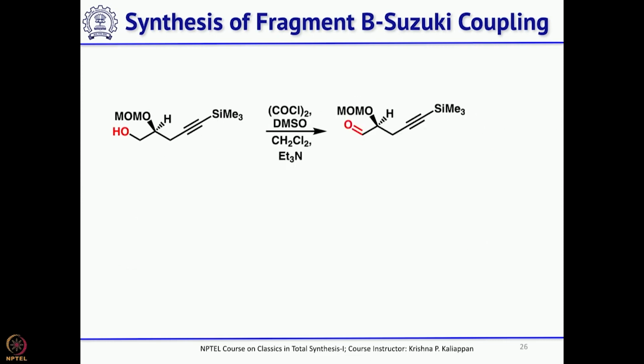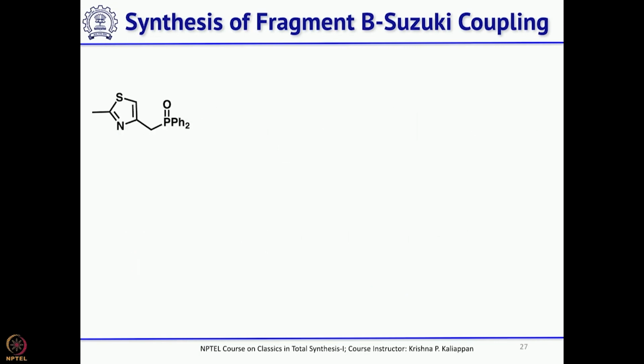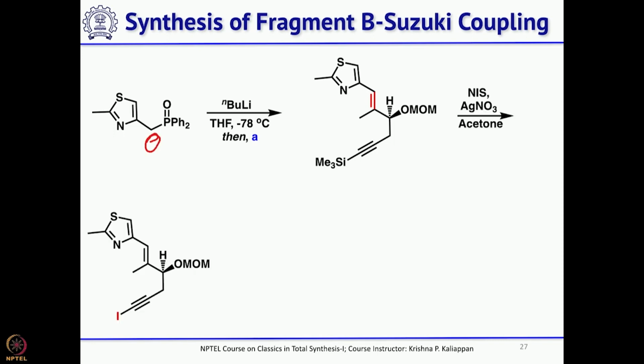Okay. So, once you have that, Swern oxidation will oxidize the primary alcohol to aldehyde, and treatment with methyl magnesium bromide followed by oxidation with tetra-N-propyl ammonium perruthenate gave the methyl ketone. Okay. Now, this Wittig reagent, upon treatment with butyl lithium, you can generate anion, and quench with that ketone, you get this double bond.